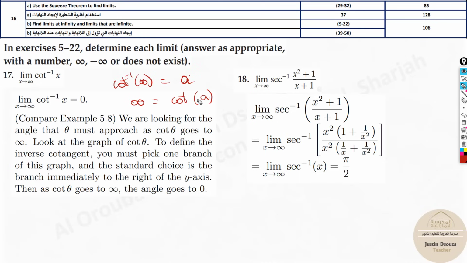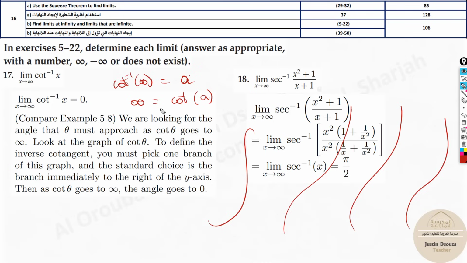So we are basically looking for an angle, because I'm taking cot on both the sides, I'm getting this, right? An angle. At what angle a is the cot graph infinity? You should know the cot graph, cotangent. It is something like this. I mean, they go like this always.